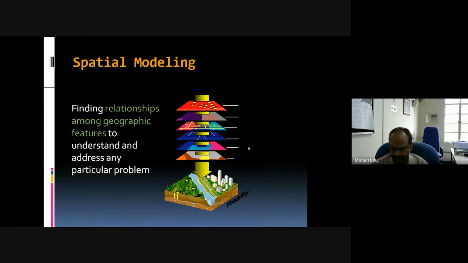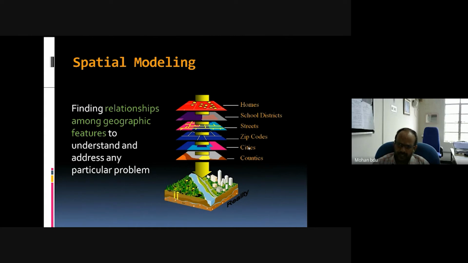And again, the satellite data is used for spatial modeling and finding relationships among the geographical features and to understand thematic issues, or it can generate thematic maps. For example, we can generate thematic maps for the streets, cities, or water bodies, or even in the case of oceans where there are algal blooms, or within the cities where there are low-lying areas that can be inundated.